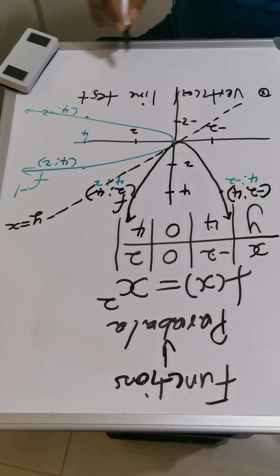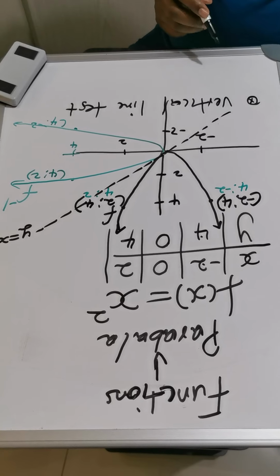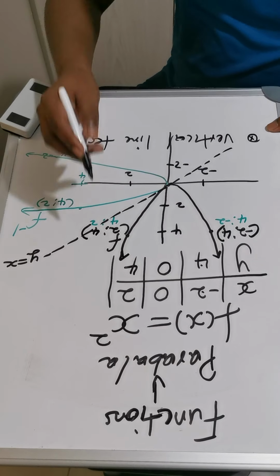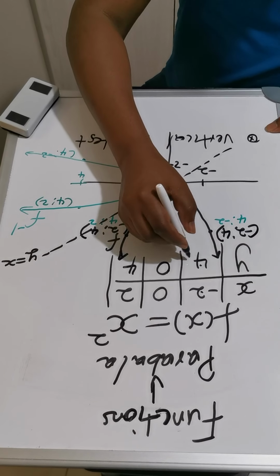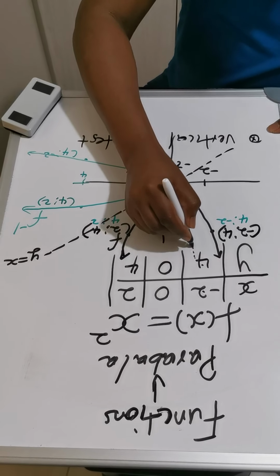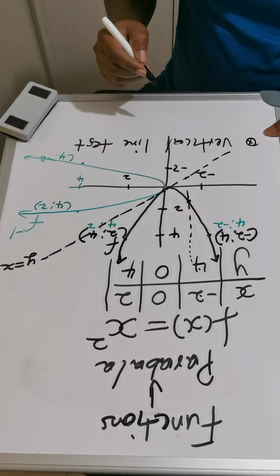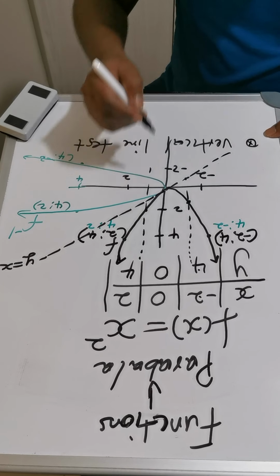This is from grade 10. If you want to test whether the graph is a function or not, if the vertical line test cuts the graph once, that will indicate that that particular graph is a function. Let me draw the vertical line test here. This one touches this graph once, and also this one touches this graph once.